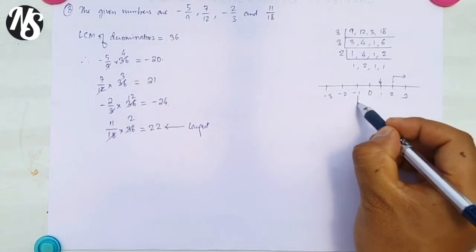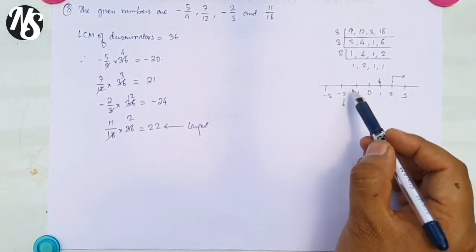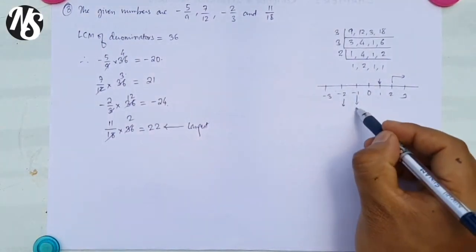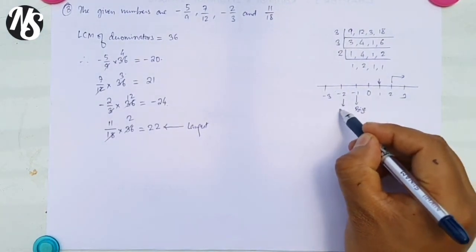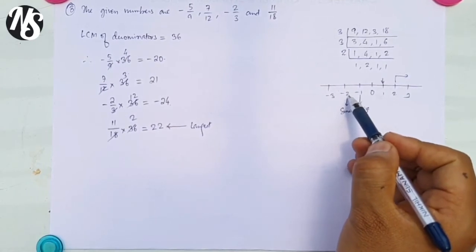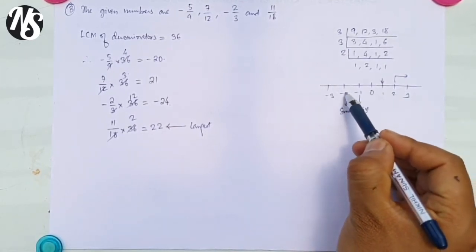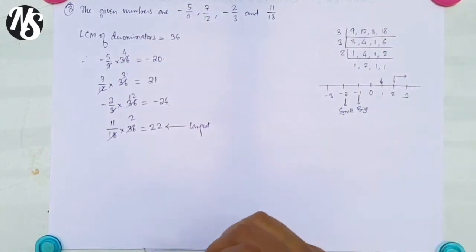For example, if 0 is here, you write 1, 2, 3, minus 1, minus 2, minus 3, somewhat like this. All of you know the numbers lying to the right are always bigger. For example, 2 is to the right of 1, so obviously 2 is greater than 1. Now, minus 1 and minus 2, which one is lying to the right side? Minus 1 is lying to the right side, so that's why this is bigger, and this is the smaller number. So in negative numbers, if the value of the number is more, then the number is small.